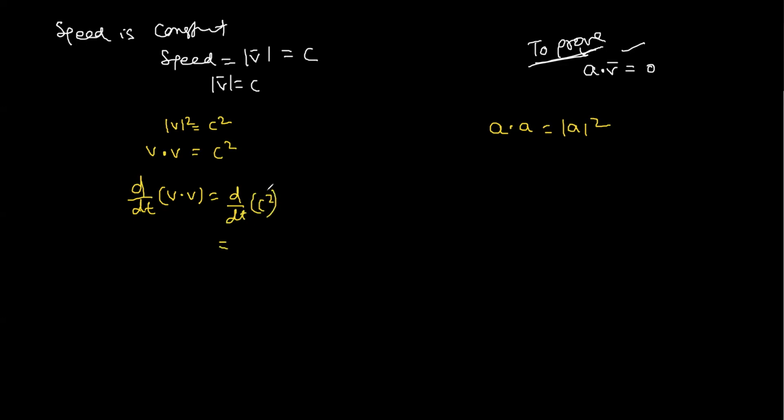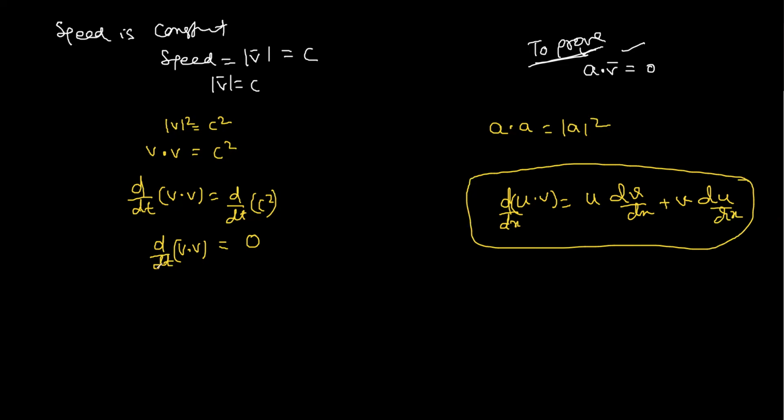You can notice one thing: this is a constant and derivative of constant is 0. And use here chain rule, product rule. You know product rule is what? When you do derivative, u v dash plus v u dash, isn't it? Similarly, consider u and v here.